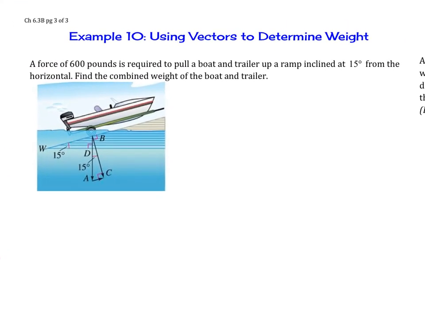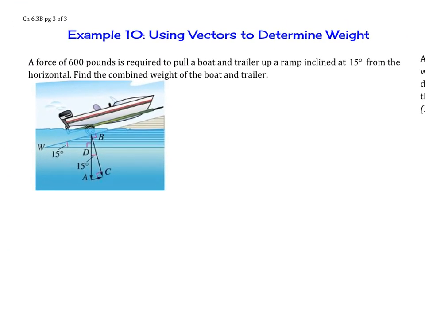Now let's use vectors to determine weight. A force of 600 pounds is required to pull a boat and trailer up a ramp inclined at 15 degrees from the horizontal. We're going to find the combined weight of the boat and trailer. So let's label some things.